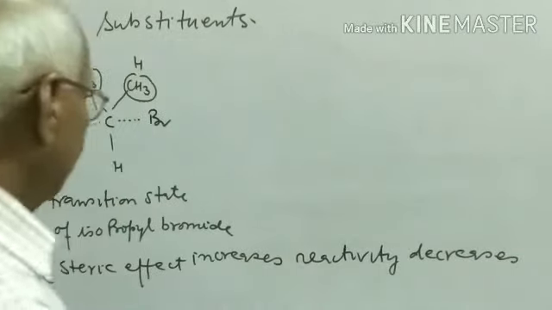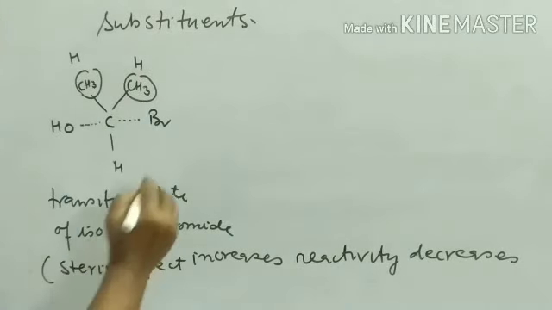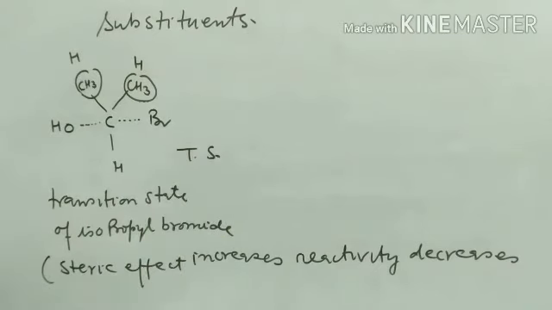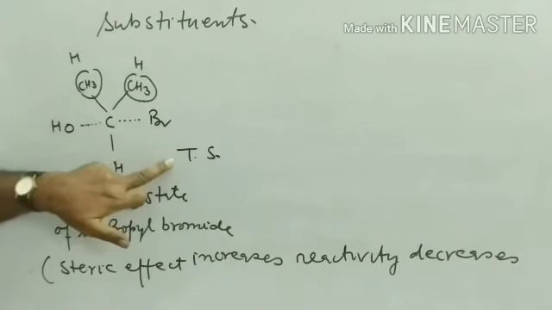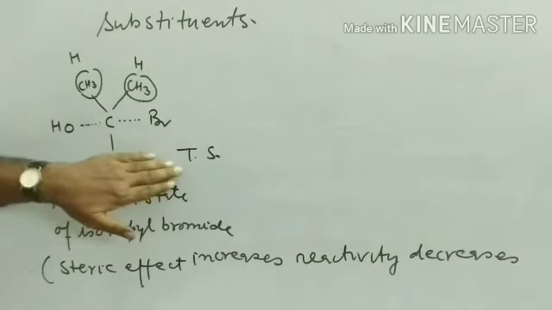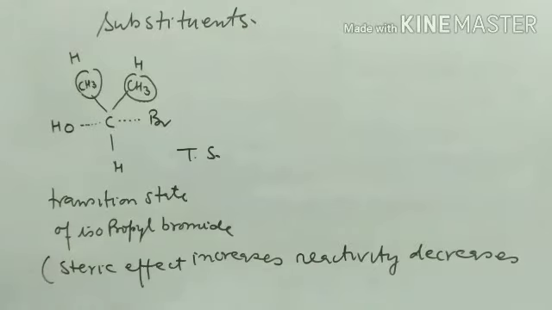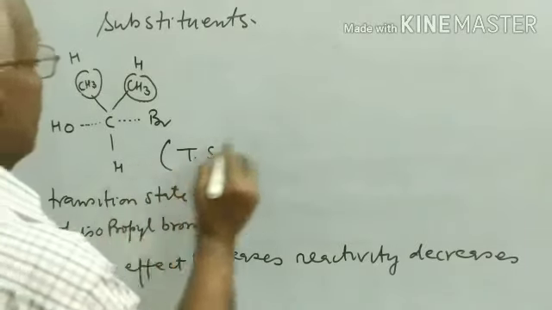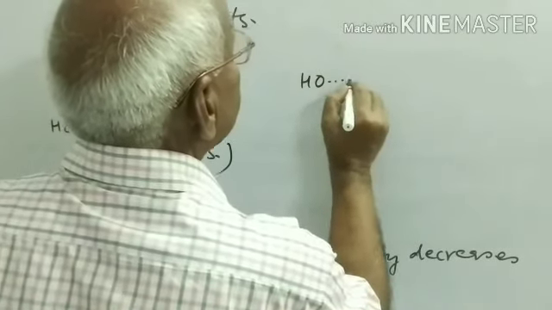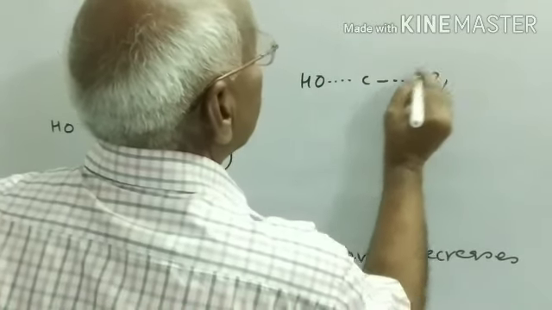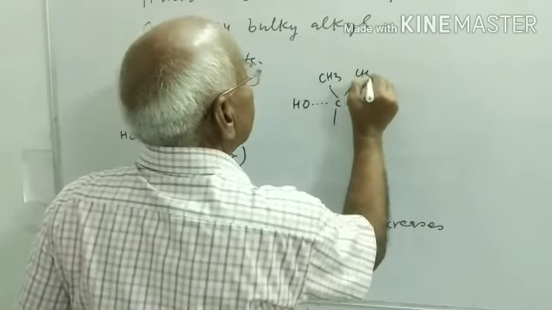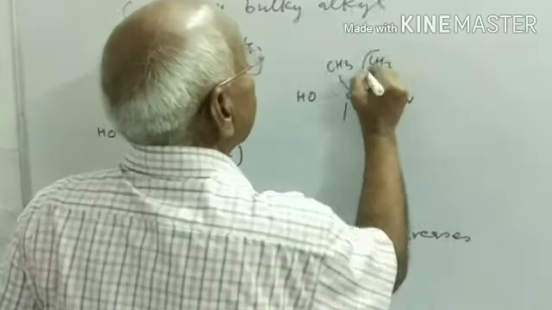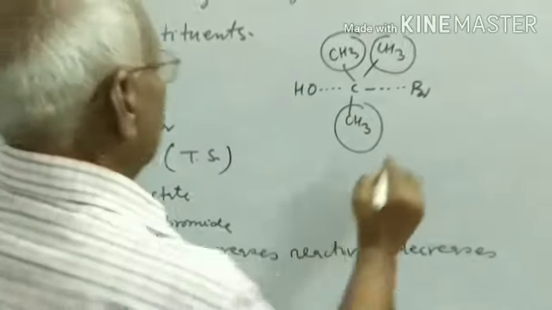And when steric effect increases, what is the impact on the transition state? The transition state becomes more unstable. Its unstable character increases, therefore reactivity decreases. Similarly, see the transition state of tertiary butyl bromide, with CH3, CH3, CH3, CH3, three bulky substituents.